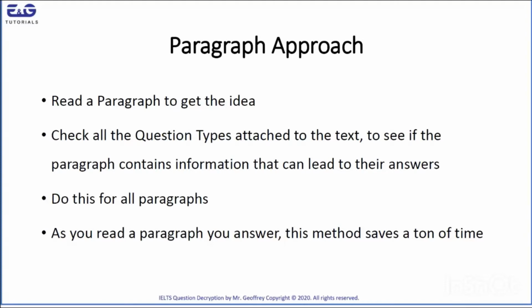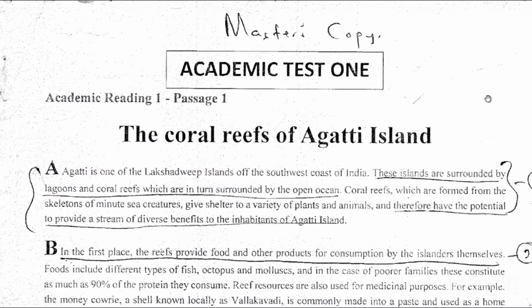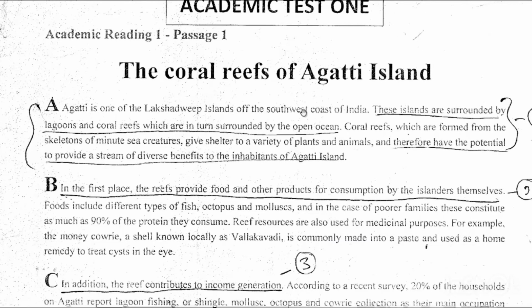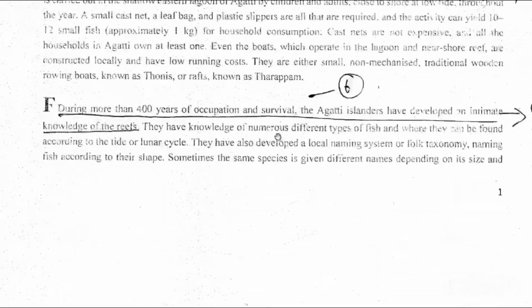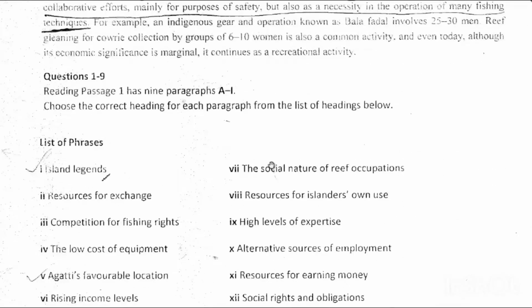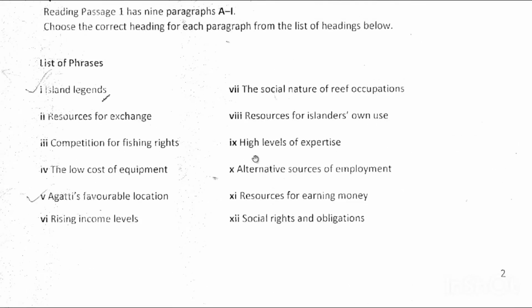I know that this sounds like Greek, but let me demonstrate using a passage, for example. Now, this is what I mean. First you read The Coral Reefs of Agati Island. You read this particular paragraph, then you go down to where the questions are. You check the list of headings, the one that matches the idea. Remember how I taught you how to check your list of headings?